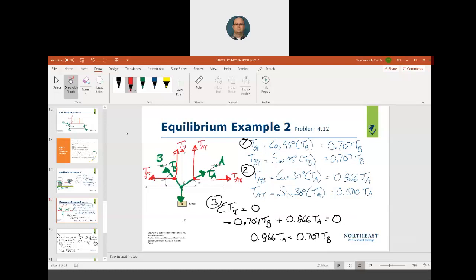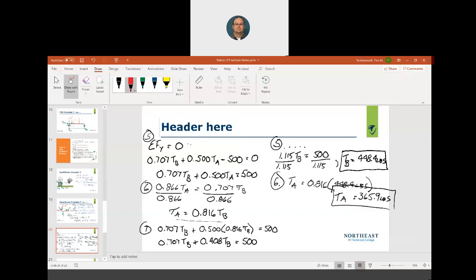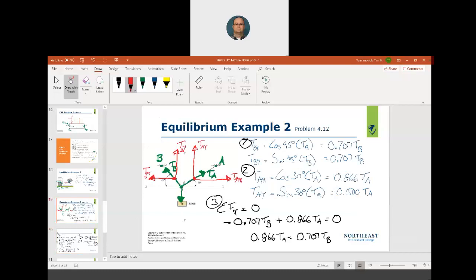Okay, so TB was 448.4. 448.4 times 0.707, that equals 317.0. Okay, same thing. So my X and Y equals 317.0. Okay, TA, my X direction, so cosine of 30 times, let's see, TA was 365.9.